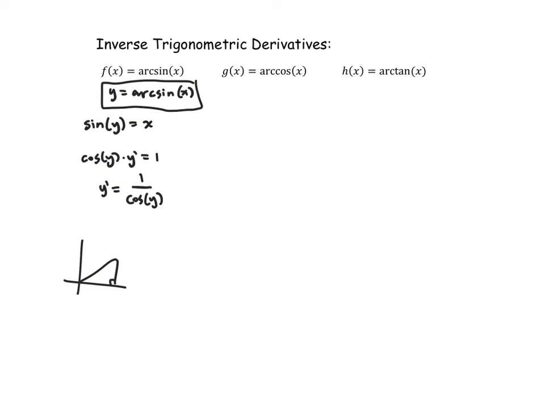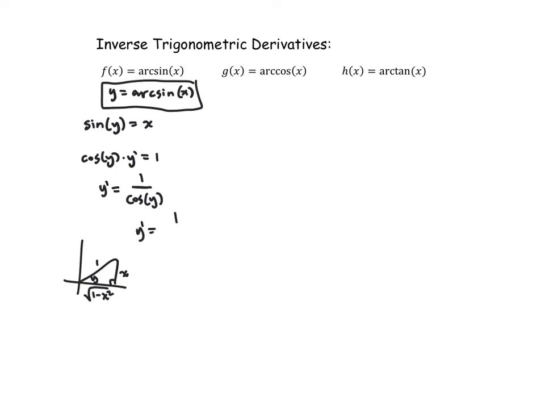So y is an angle, and x is a ratio. The arcsine of x, so that means the sine of y equals x. So opposite over hypotenuse, which using the Pythagorean theorem would give me an adjacent side of the square root of 1 minus x squared.